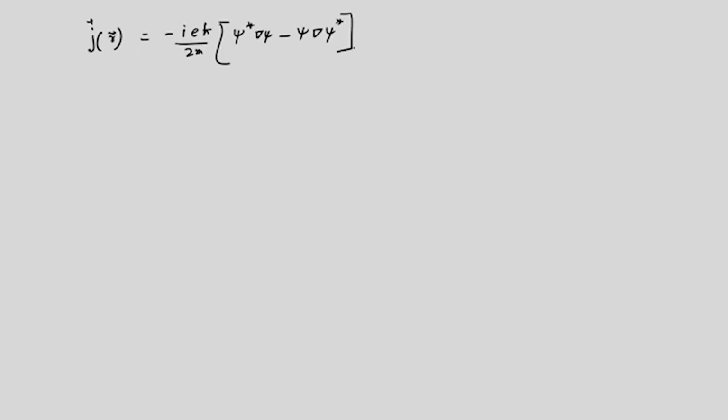Okay. That is the definition of quantum mechanical current, and we have seen this in the context of the equation of continuity, where the divergence of J and the time evolution of the probability density are related by the Schrodinger equation.